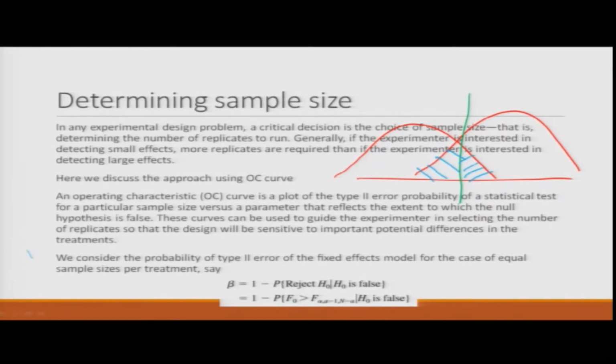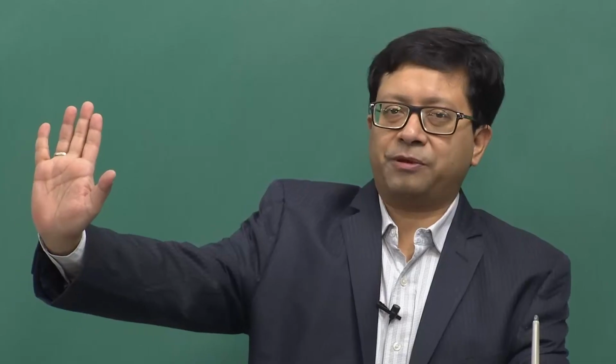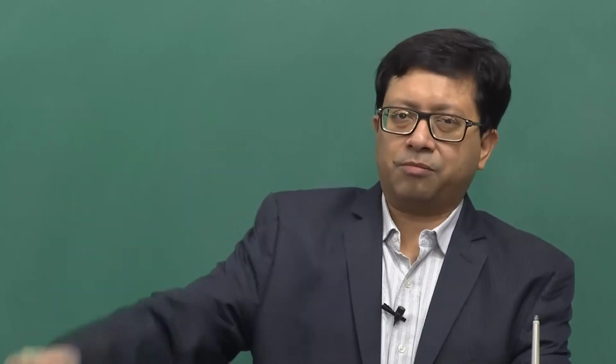So, in this case for the F test, it will be 1 minus the probability of F naught being greater than F alpha, or 1 minus alpha, whether less or greater depending on how you have framed the hypothesis. And a minus 1 would be the sample size, because one you are keeping fixed and the others you are trying to compare with the fixed one.